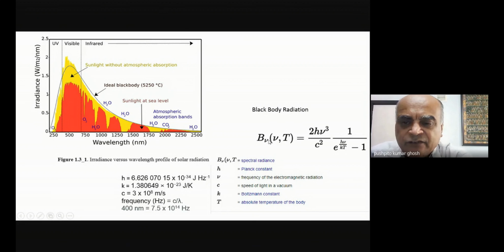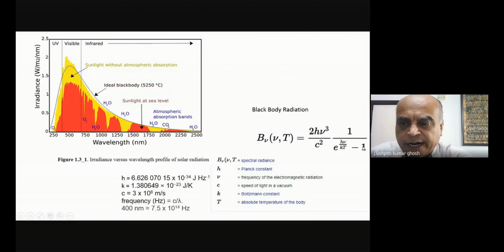It's a function of the frequency and the temperature, and it's equal to 2hν³ divided by c², where ν is the frequency and c is the velocity of light, into 1 upon exp(hν/kT) minus 1. h is Planck's constant, ν is again the frequency, k is the Boltzmann constant, and T is the temperature.